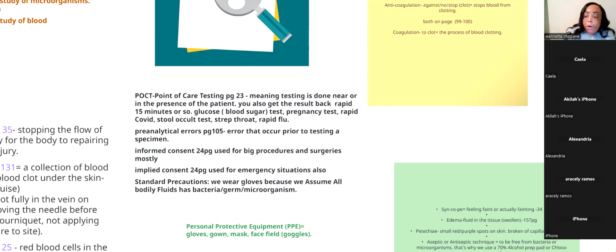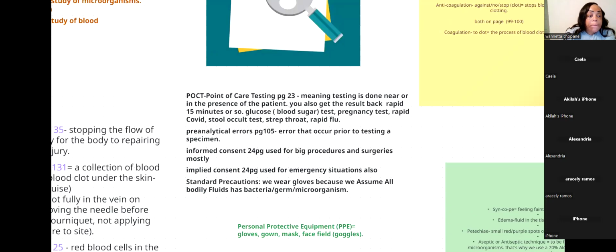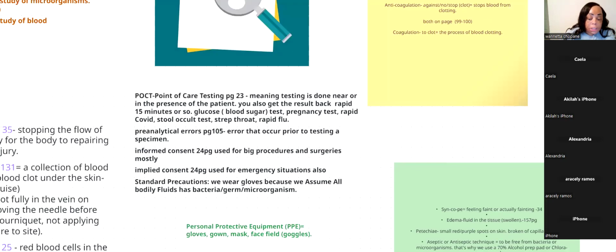Now, next on our list, we have pre-analytical errors, and it's explained to us on page 105. Just as simple as I can put it, ladies, pre-analytical errors means any error that occurred before the specimen was even tested.